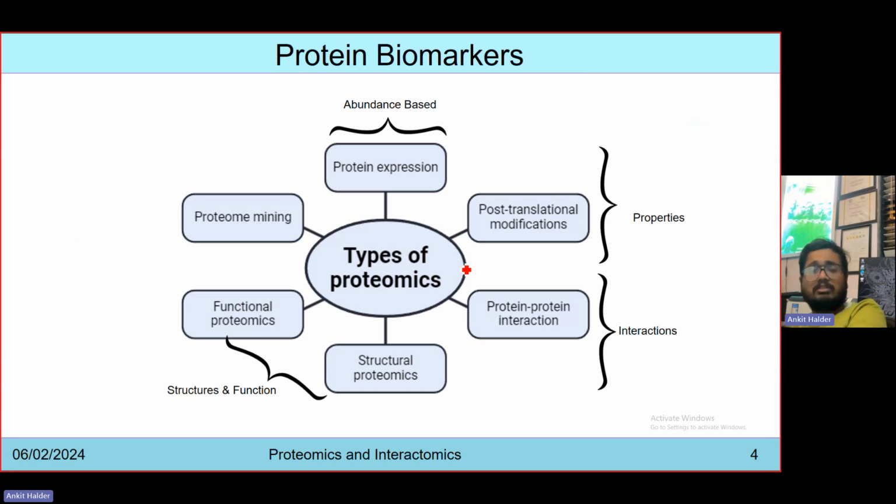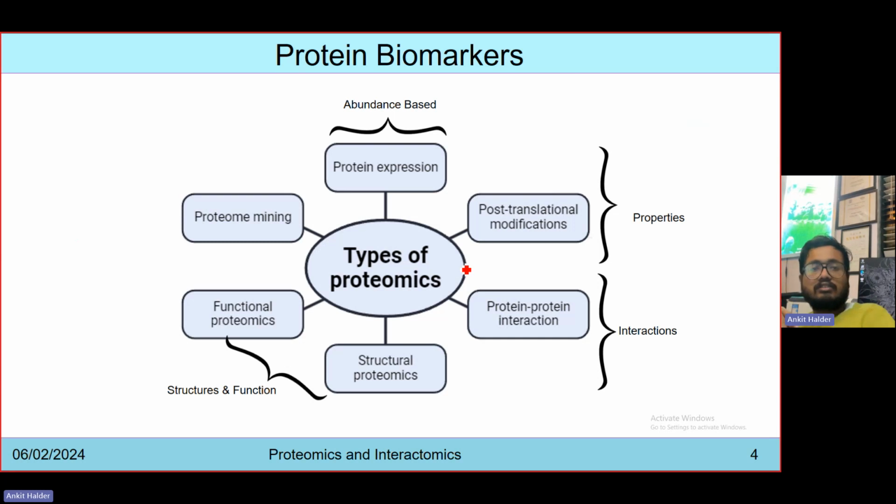In mass spectrometry-based proteomics, we can identify the level of a particular protein or particular sequence that is present, the abundance, and compare the disease condition with a normal condition.